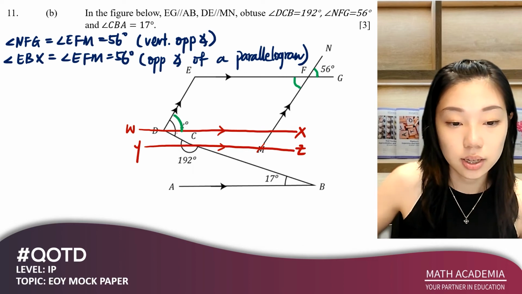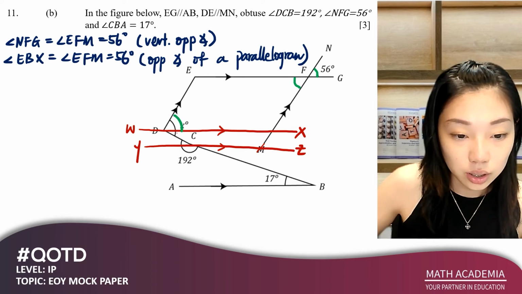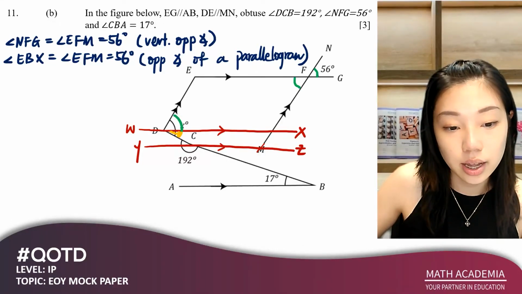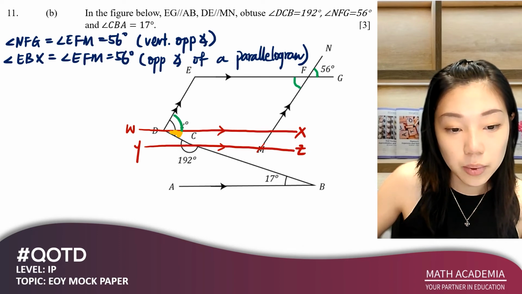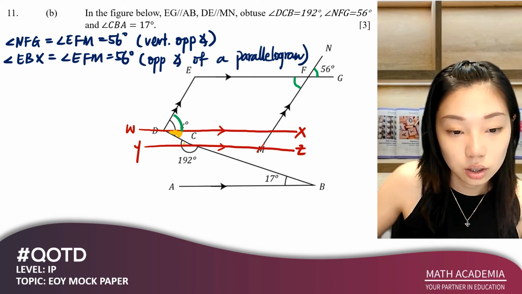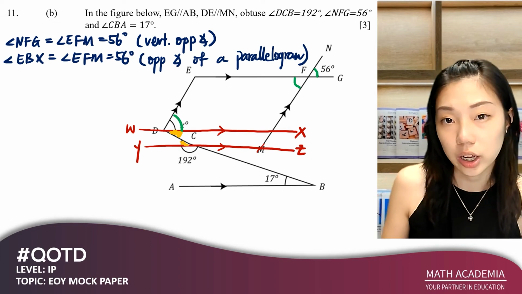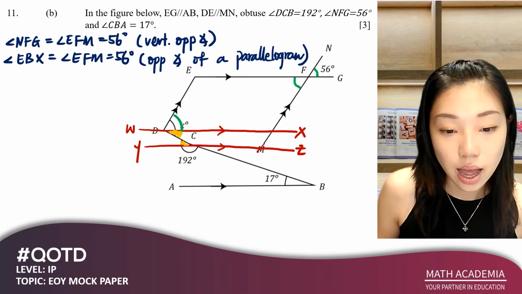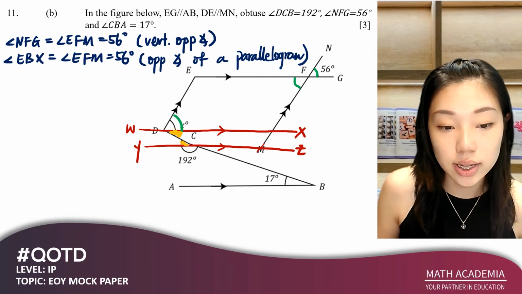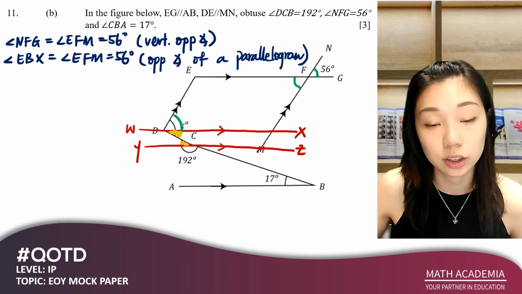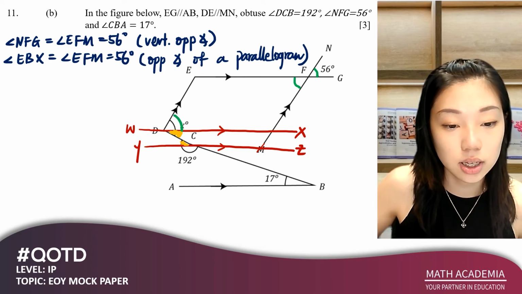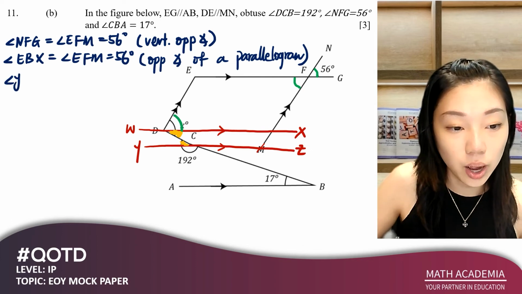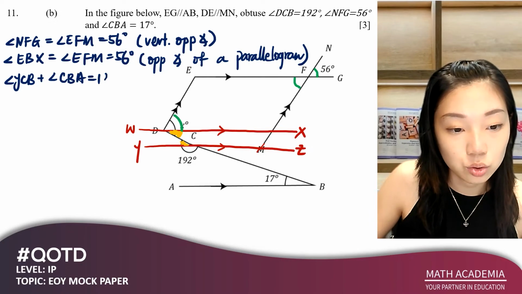So what we are missing is this angle over here. Agree? By studying this, I will realize that this angle over here is the same as this angle over here, which is part of my 192. I want to find angle YCB first in order to find my orange angle. Angle YCB plus angle CBA equals 180.